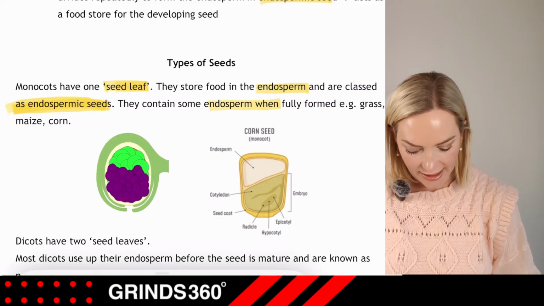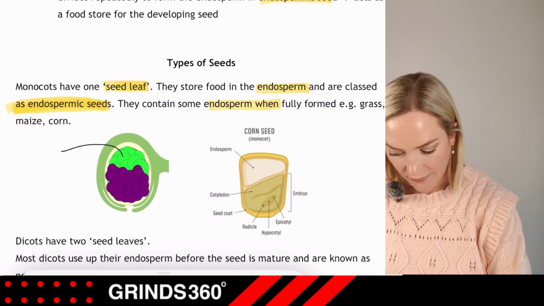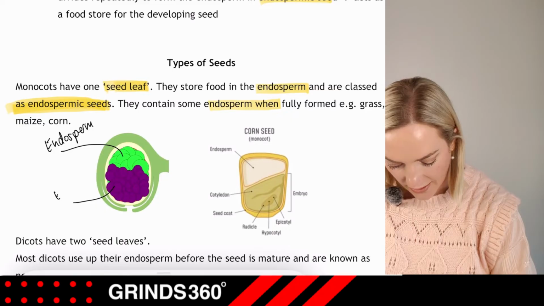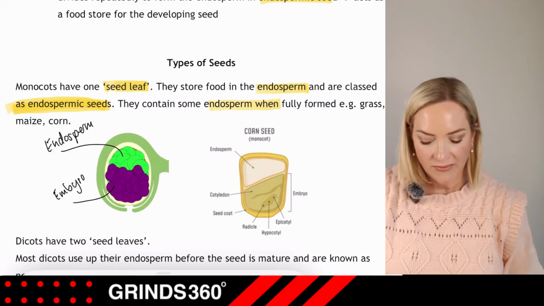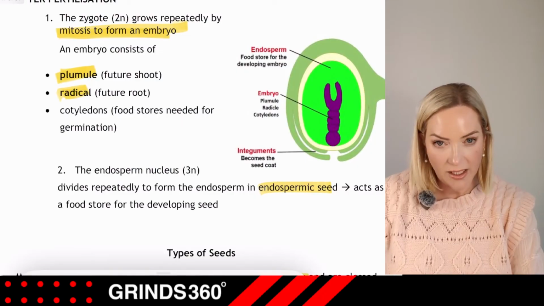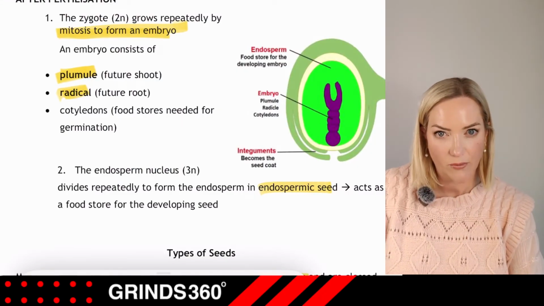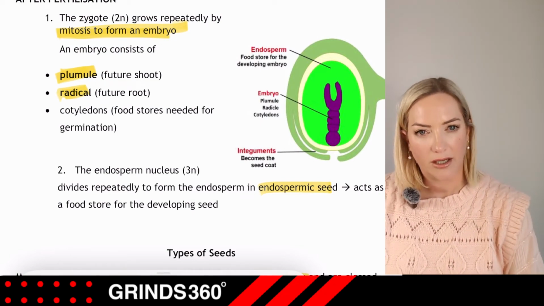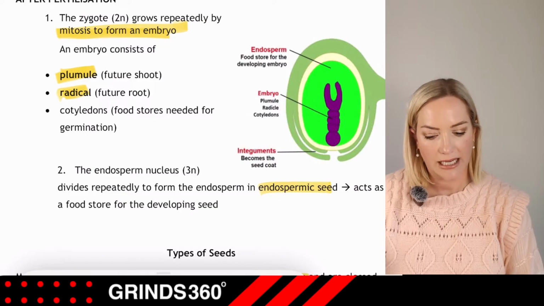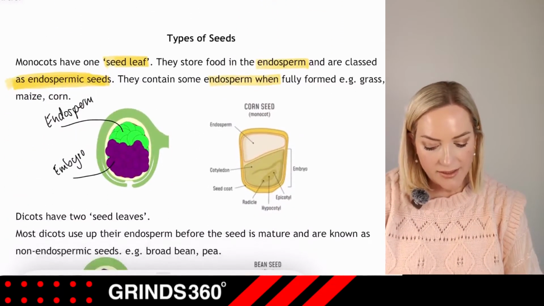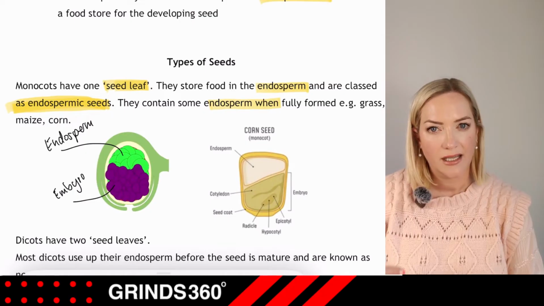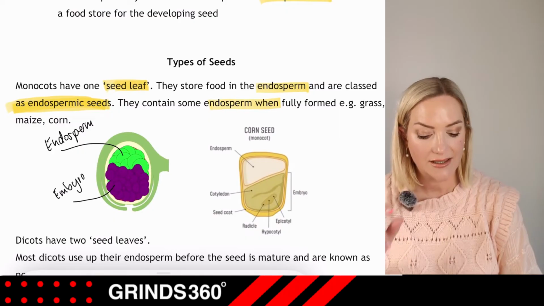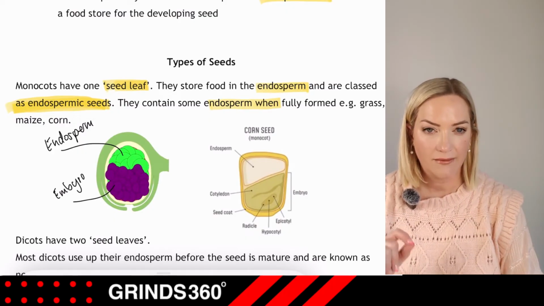In my green here, this is my endosperm, and this purple is my embryo. Your endosperm is the food store for the developing embryo. Your developing embryo consists of your plumule, your radicle, and your cotyledons. So your monocot has one seed leaf, and they store food in their endosperm. They're considered endospermic seeds because they contain some of the endosperm when fully formed.